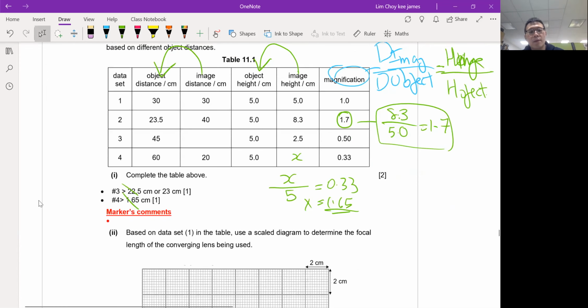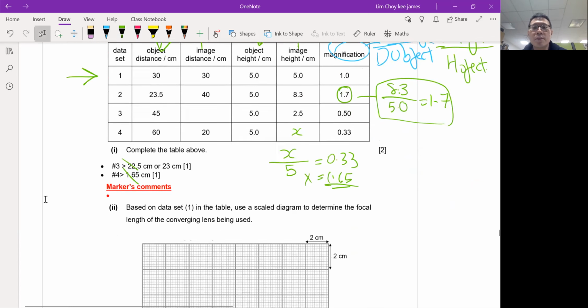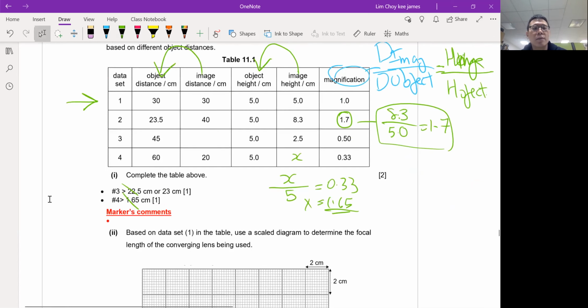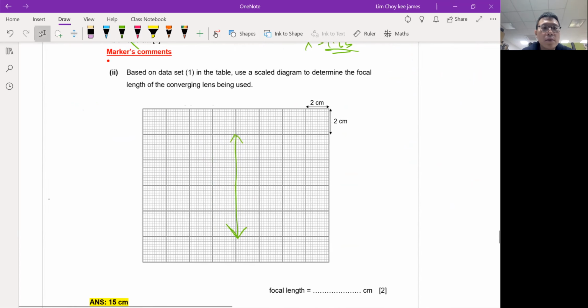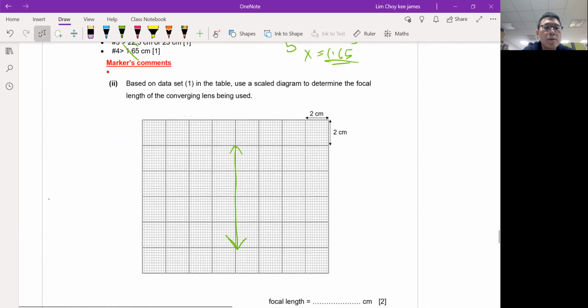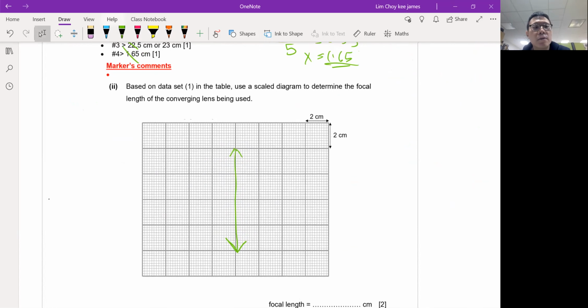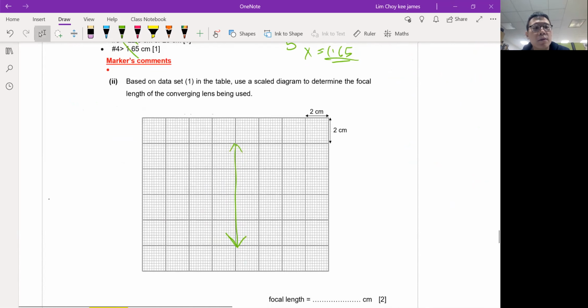Now, set 1, take note. Set 1, the object is 30 cm.